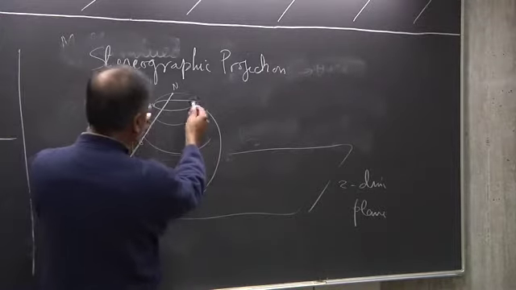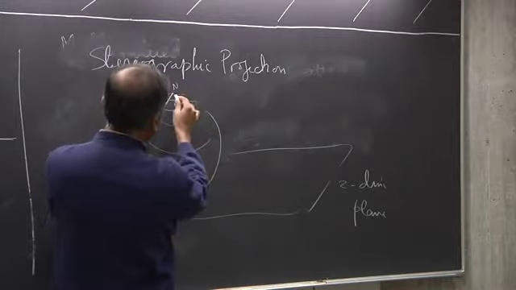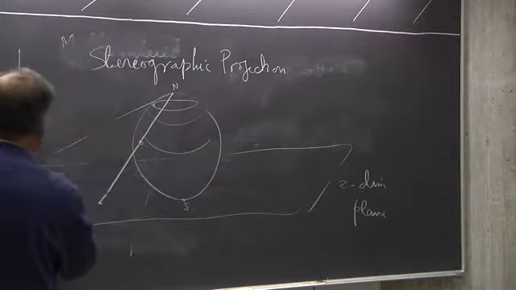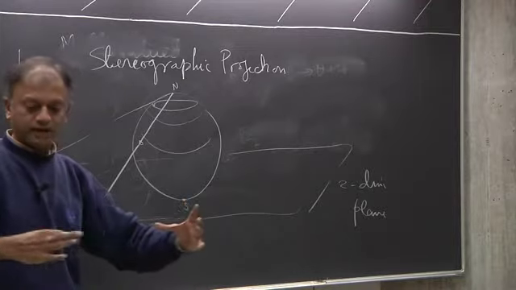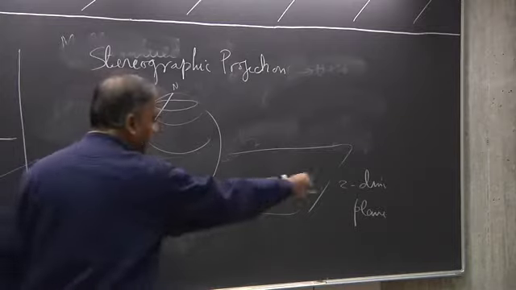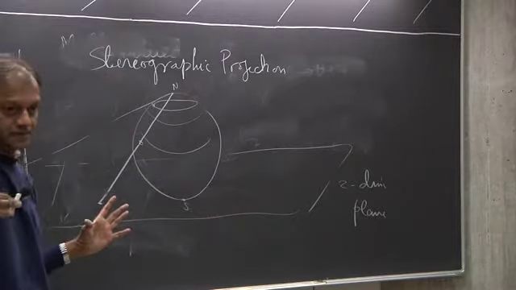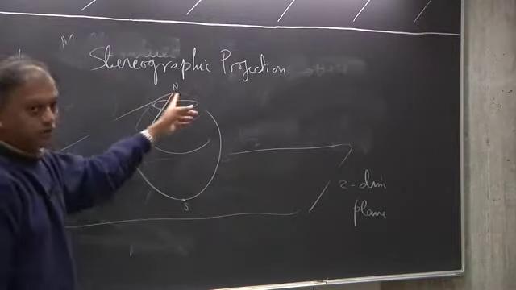But as you start going closer and closer, these lines are going to become farther and farther away, right? So the north pole is really the limit where in the plane you take the radius to infinity, right? That is where the north pole will be.